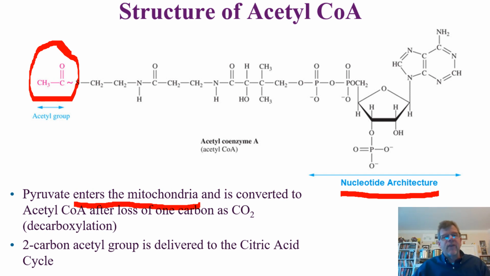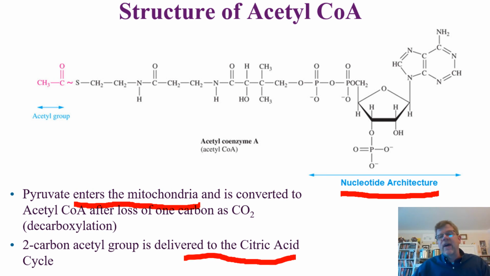So this pyruvate itself has to enter the mitochondria, and then that 3-carbon pyruvate blows off one of its carbons as carbon dioxide and ends up just as a 2-carbon acetyl group, which is then hooked up to coenzyme A to become acetyl-CoA, and it's delivered to the citric acid cycle.